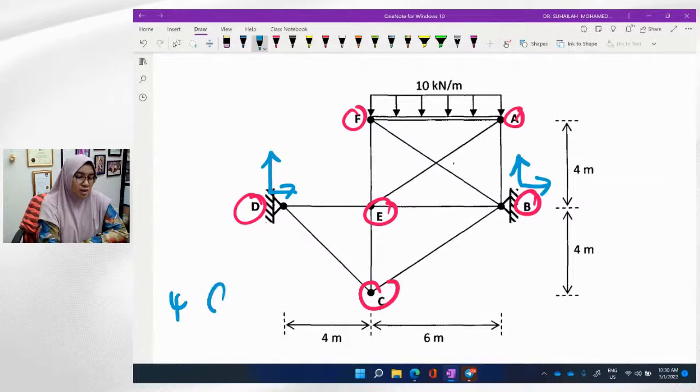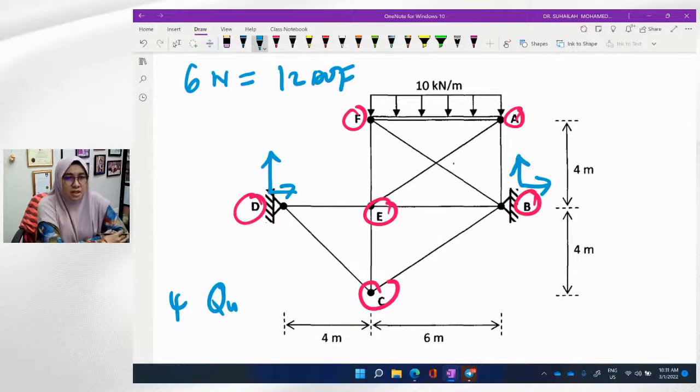Total nodes are 6, equivalent to 12 DOF. So we have 8 unknown displacements. So for this question, we cannot analyze the unknown displacements directly.